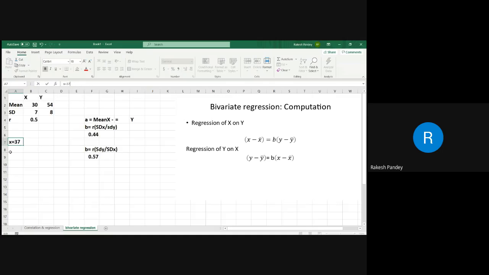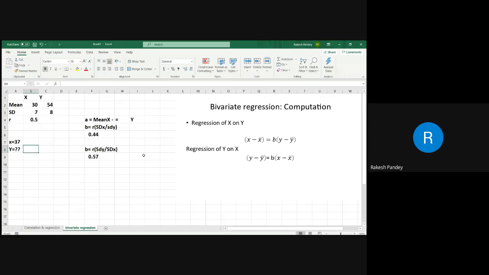Then y is equal to what? So what we have to do, remind yourself, we have to predict x on the basis of y. No, we have to predict y on the basis of x.